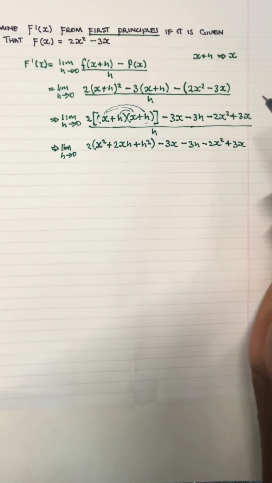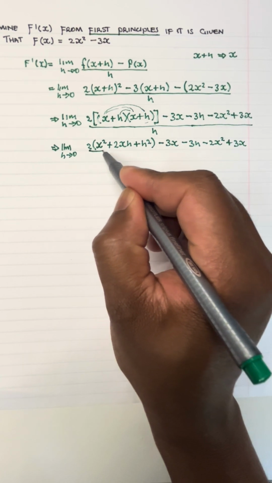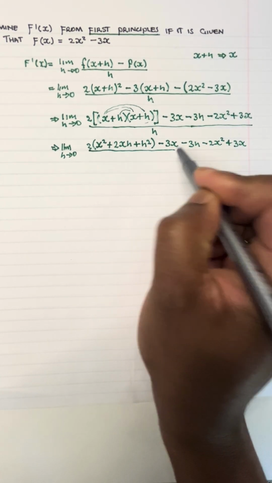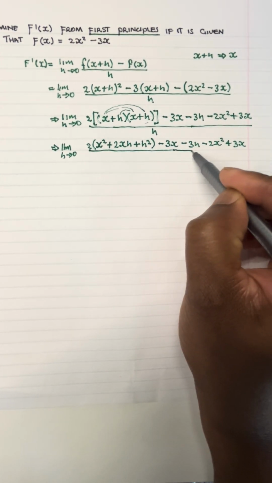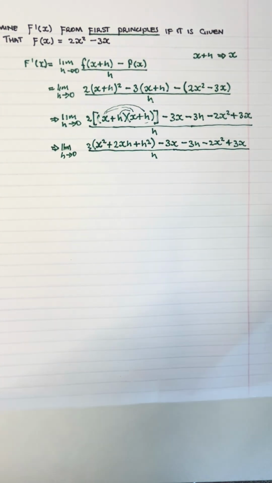Things are going to start to cancel out as soon as I multiply by the 2, that is why I didn't do anything there. So divided by h, don't forget that.